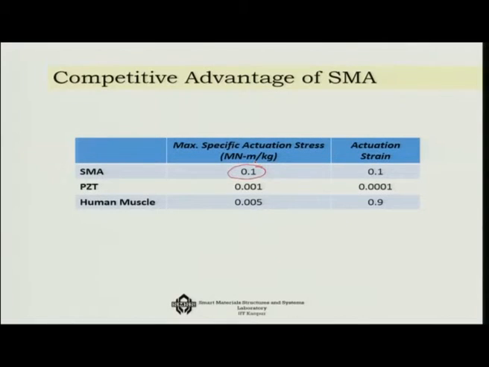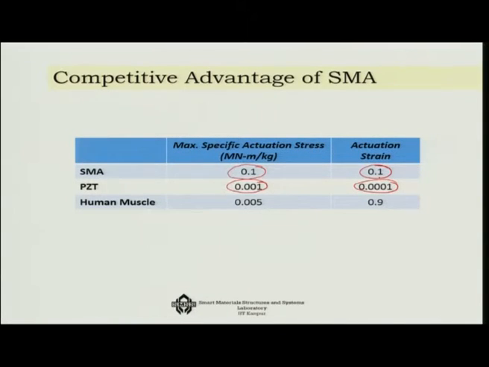Now let us see what the competitive advantage of this shape memory alloy is. In terms of maximum specific actuation stress, SMA can give you something like 0.1 meganewton meter per kg, and the actuation strain is about 0.1. On the other hand, PZT has only about 1/100th of this capacity of the SMA, and actuation strain wise it is very low.